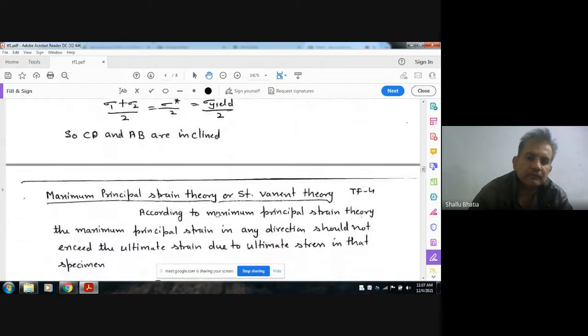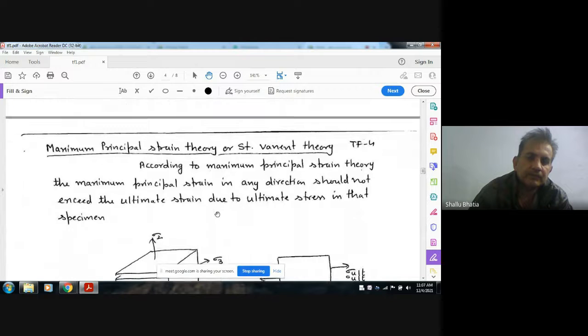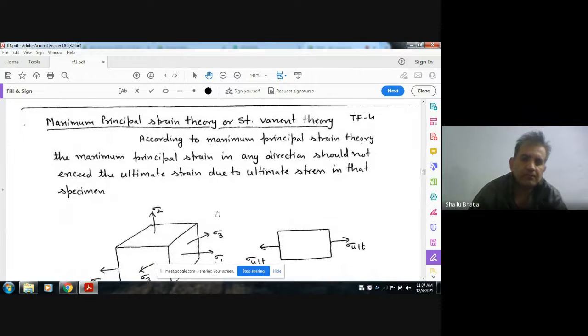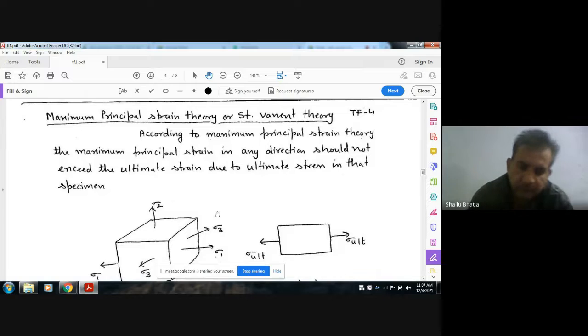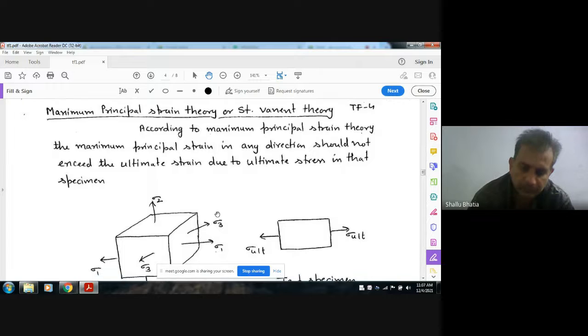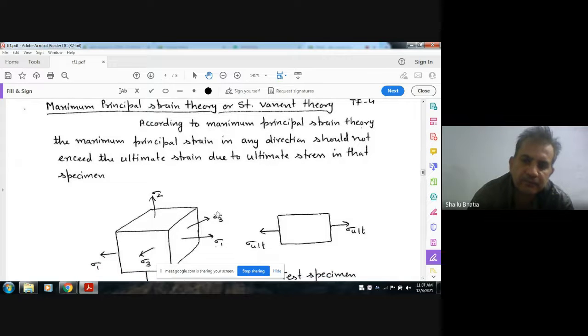The next theory is the maximum principal strain theory. According to this theory, the maximum principal strain should not exceed the strain that occurred in the test specimen at failure.